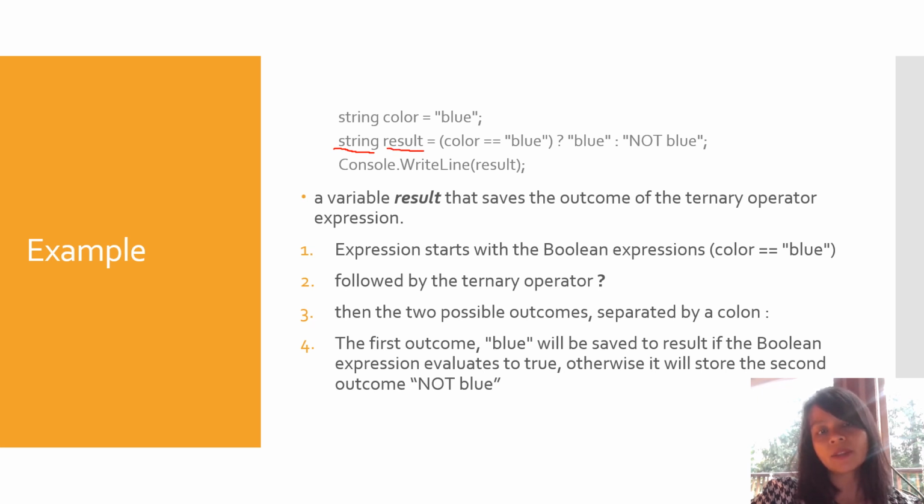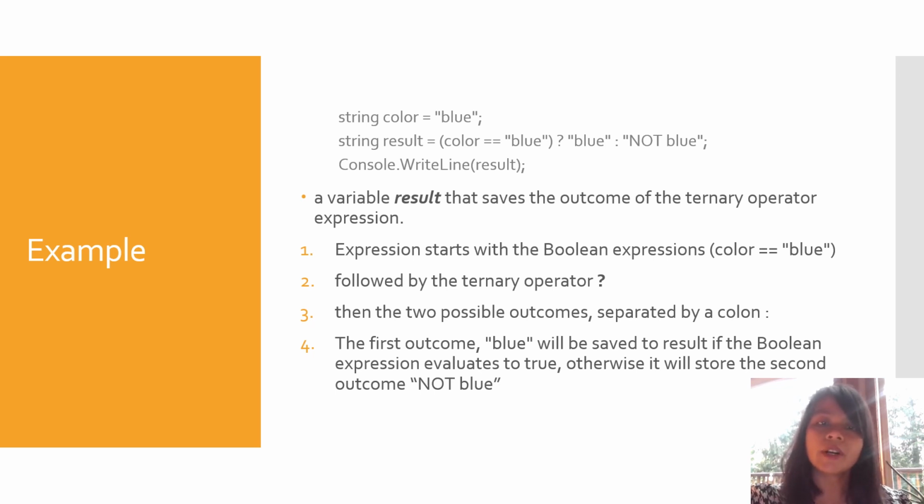So result is: if the color is blue, if this condition is met, then the value of result is blue. If it's not, then it's not blue. All right? Does that make sense? That's what it's saying.